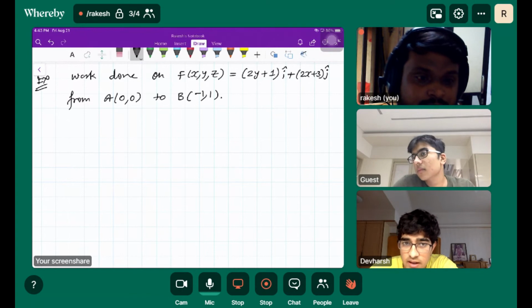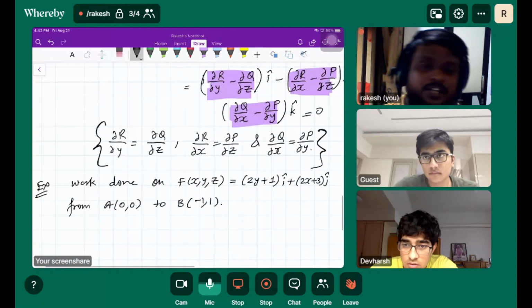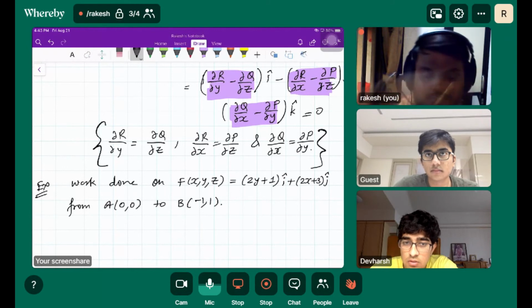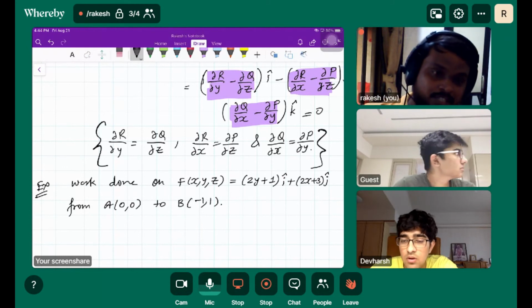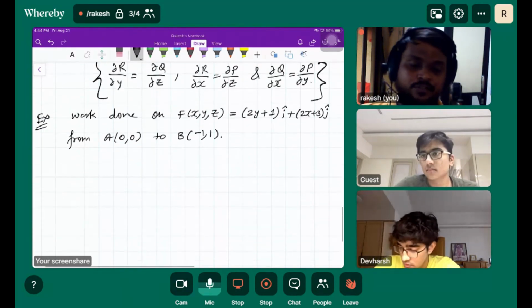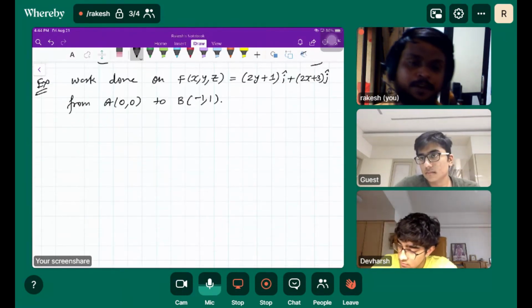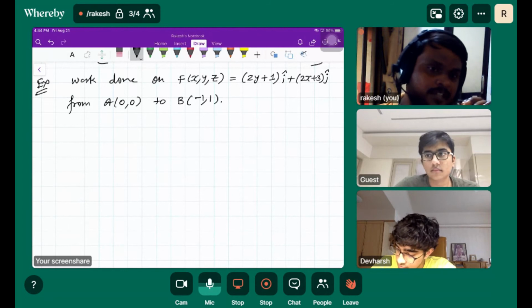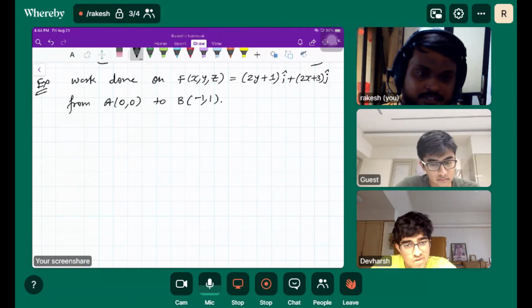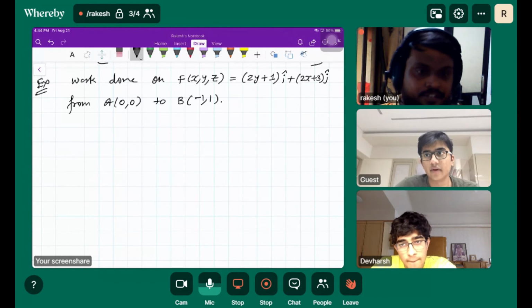Then we need to find out the potential function, and I'll explain through this example how to find it. Now, the above idea will work only when the given vector field is conservative.